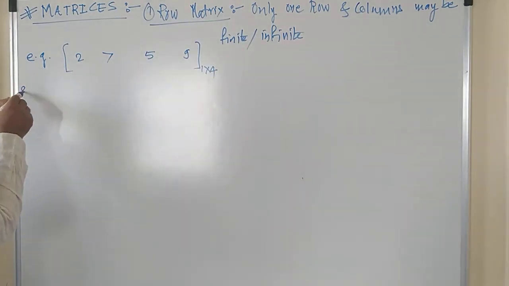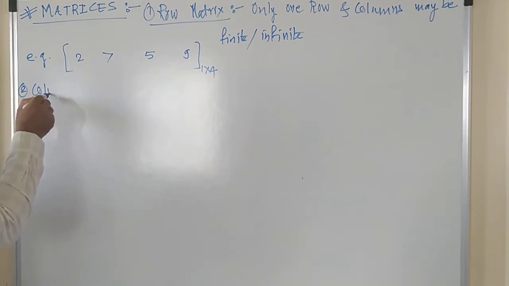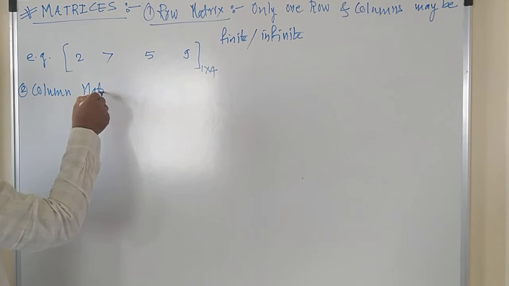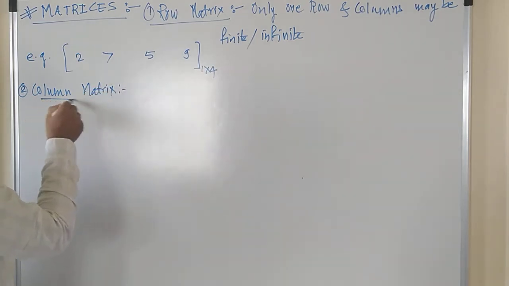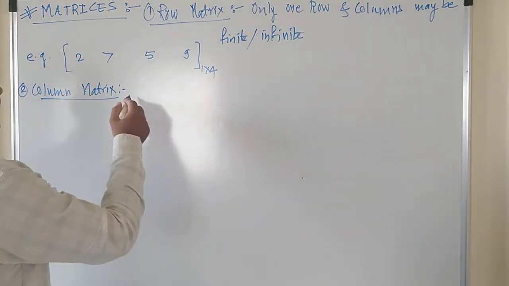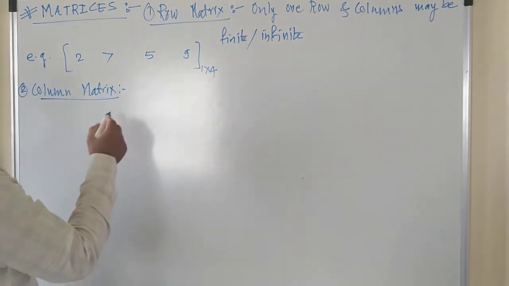Similarly, the next definition is a column matrix, which is quite similar to this one. Now, what is meant by a column matrix? A column matrix is a matrix which has only a single column, and rows may be finite or infinite. That's called a column matrix, right? I need not write the definition, which is quite simple.